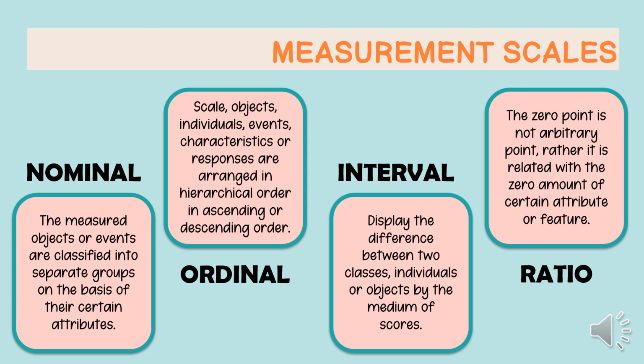This 0 point is not an arbitrary point, rather it is related with the zero amount of certain attributes or feature. In physical measurement, there is always an absolute 0 point, diba? Such as meter, kilometer, gram, liter, milliliter, and so on. We also have measurement of height, length, weight, or distance that starts from 0 point.